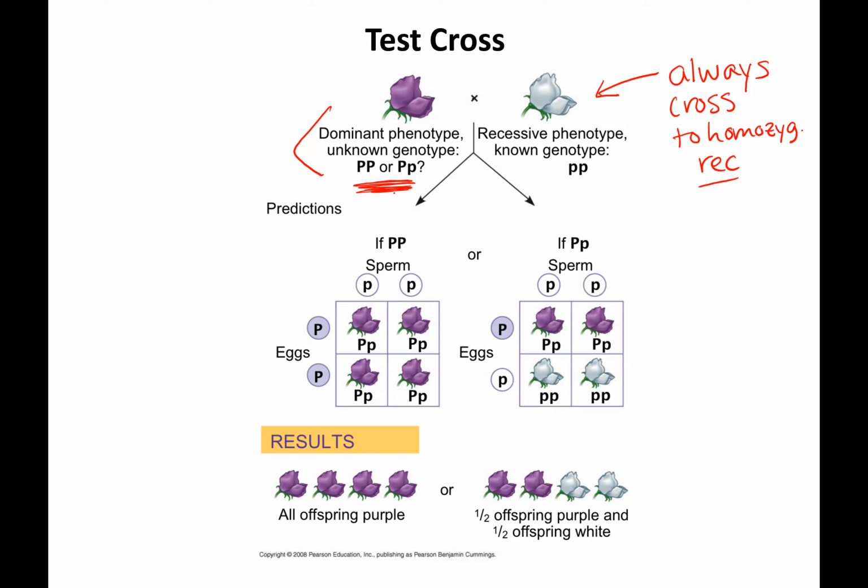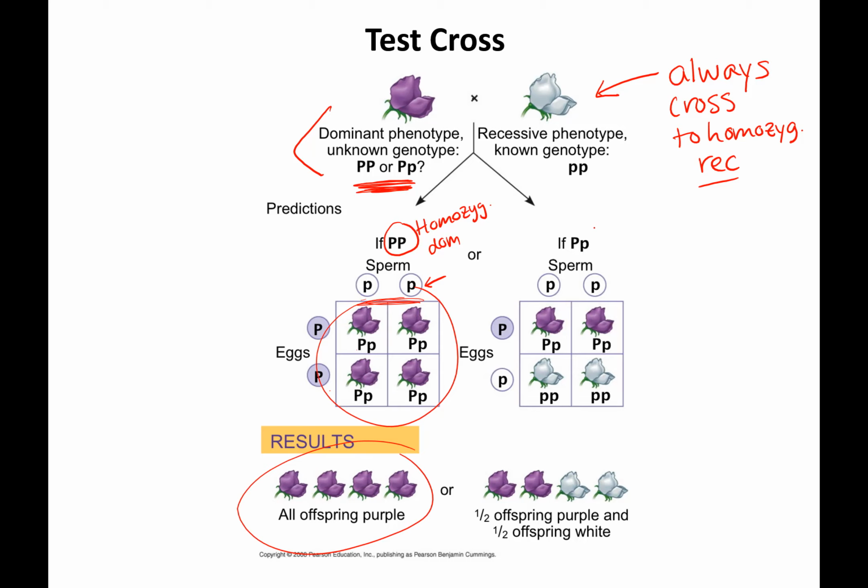So if you just look at this image, they're showing you if the parent was homozygous dominant. And we did the test cross, you would get all purple flowers because that dominant allele dominated all of the homozygous recessive. So results, all offspring are purple.